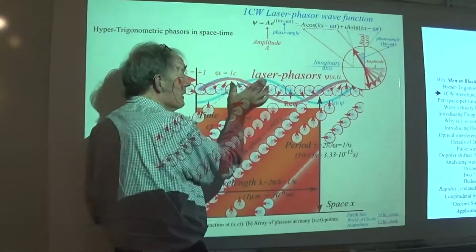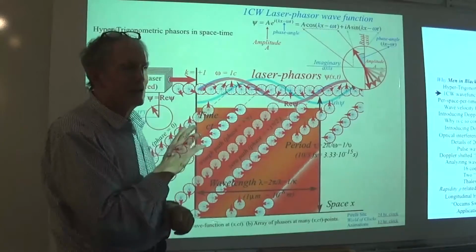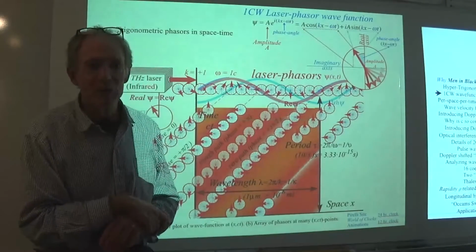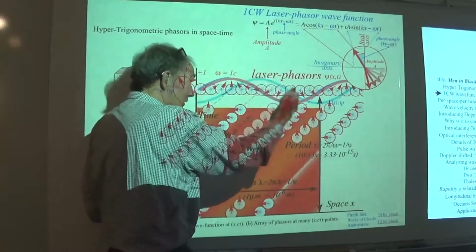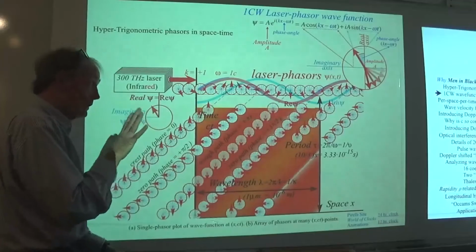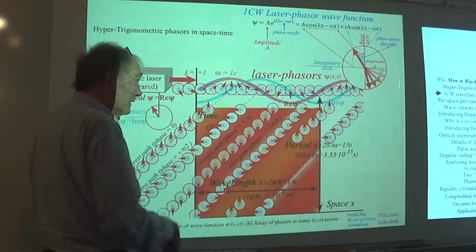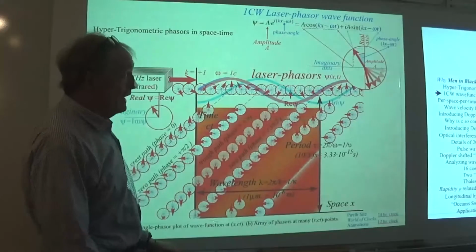Remember, imagination precedes reality by exactly 1/4 in the development of businesses, and that's a shame. But here is exactly what happens every time you have a laser make a coherent state that has cosine and sine waves, whatever you want to call them. They're moving at the speed of light.